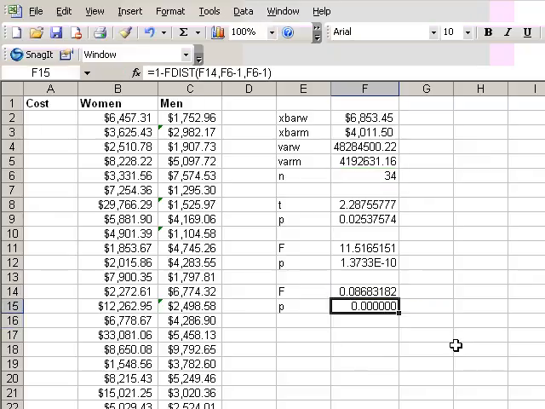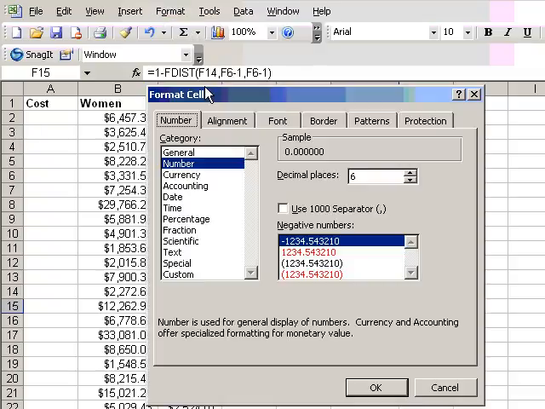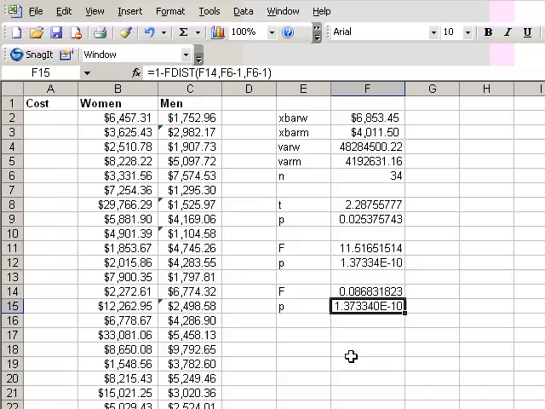And in this case it is 0, but if I change this to scientific notation, format cells in scientific notation, it comes out to be exactly the same as the probability of the F statistic calculated with the F value of 11.5, where I divided the larger by the smaller.